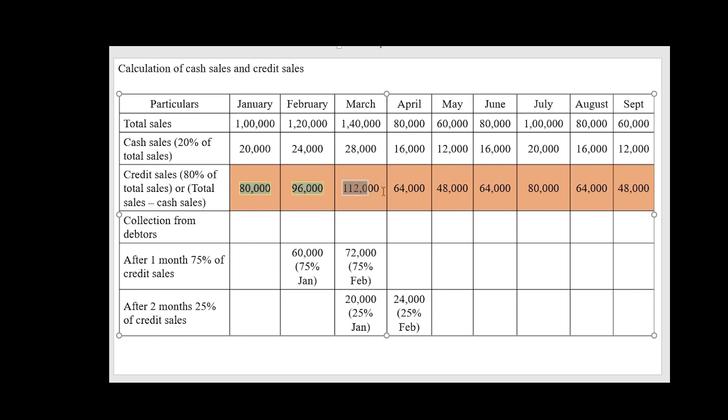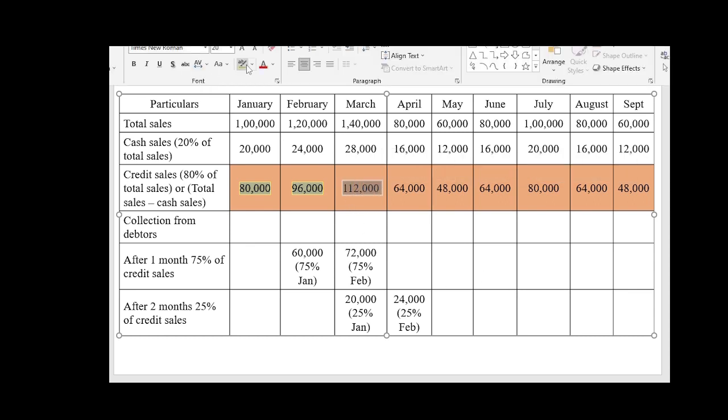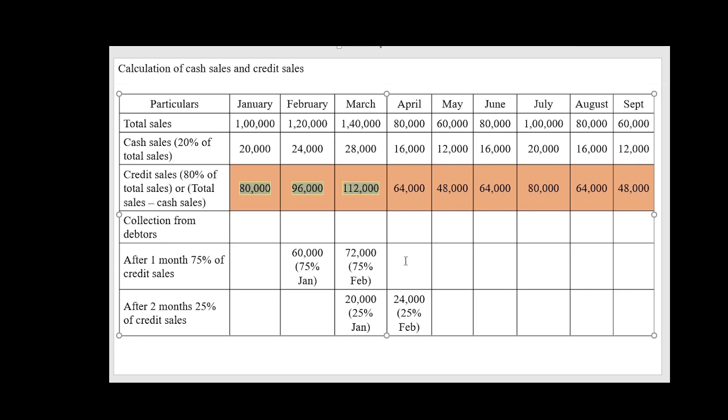Coming to the month of March, March sales is 1,12,000. 75% of it you will receive in the month of April. So that will come to 84,000. So this is 75% of the month of March.